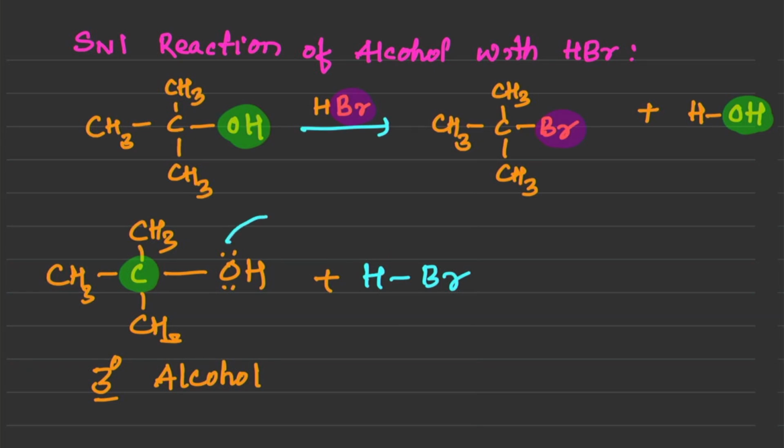And what happens to these 2 electrons? These 2 electrons go towards bromine. Bromine already has 6 electrons, or 3 lone pairs, and now it's going to bring both of these electrons back towards itself.